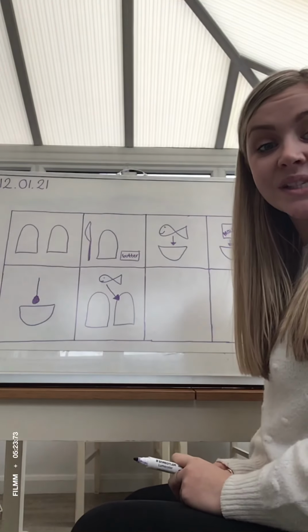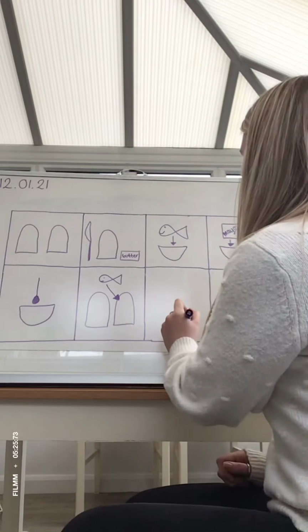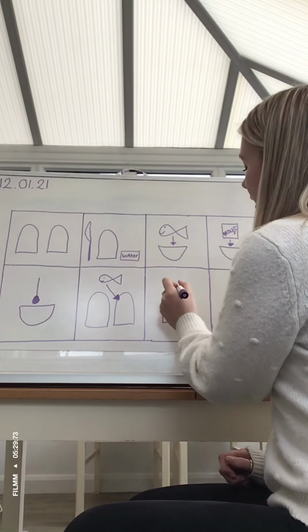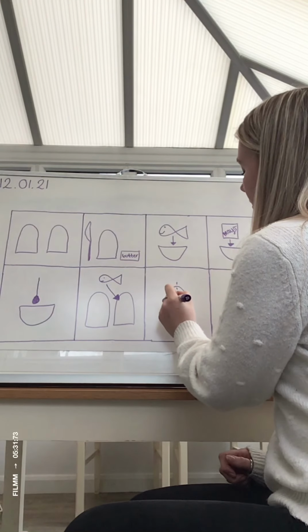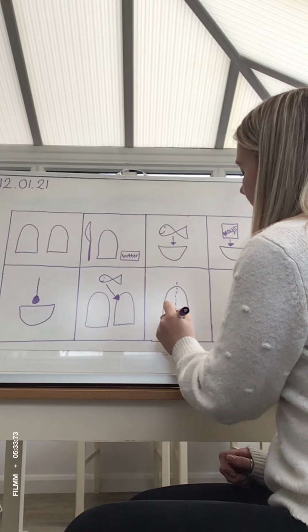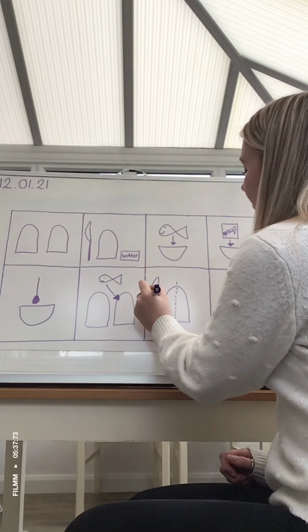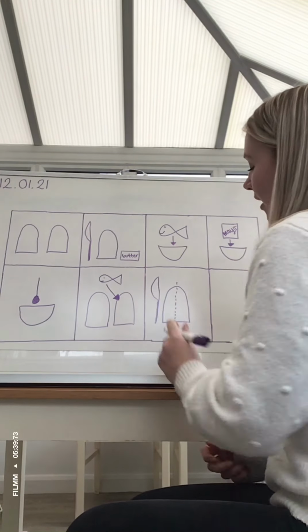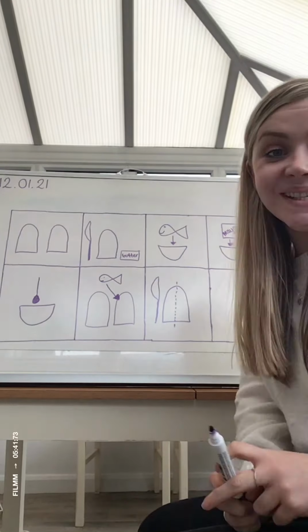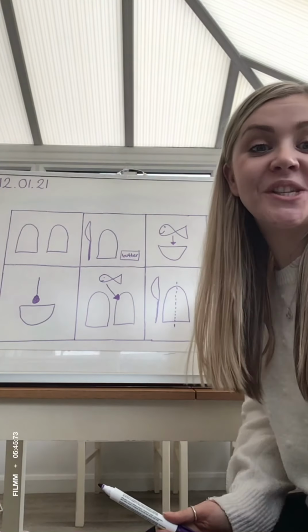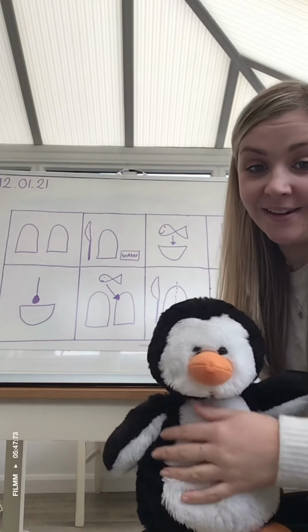Step number 7 was to cut your sandwich in half. So I'm going to draw my sandwich, and I'm going to draw a dotted line down the middle to show that I'm cutting it into 2 halves, and again I'm going to draw my knife to remind me that I'm cutting the sandwich. Step number 8 and our final step is to eat the sandwich, which is the part that Pedro is most excited about.